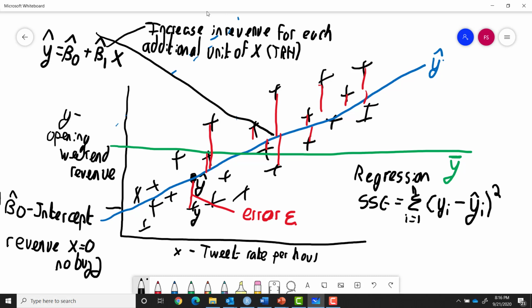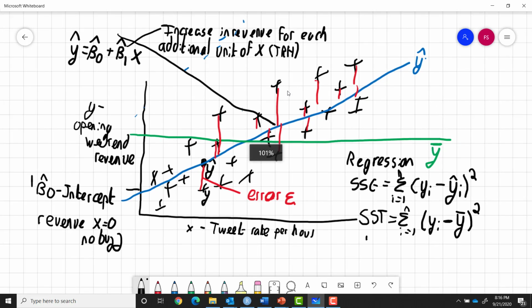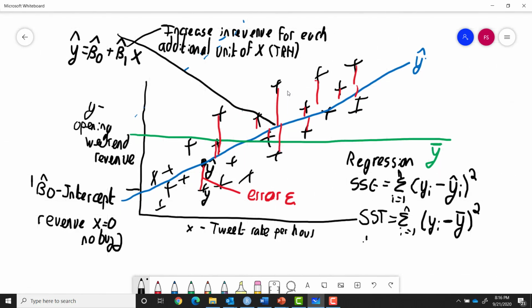We also have the total amount of variation in the data, which is the sum from i equals 1 to n of y i minus y bar, the mean value, squared. This is just like when you calculated the variance in business stats. And then finally we have the sum of squared regression. This is all in the notes.